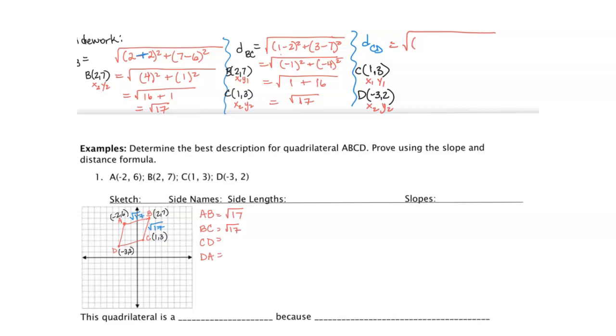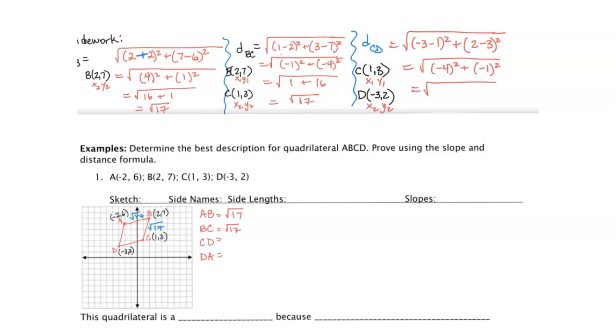x2 is negative 3 minus our x1, which is 1, squared, plus y2 is 2 minus 3 squared. So it's equal to negative 3 minus 1 gives us a negative 4 squared, plus 2 minus 3 is negative 1 squared.